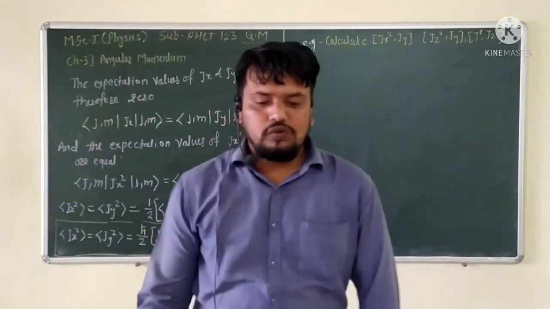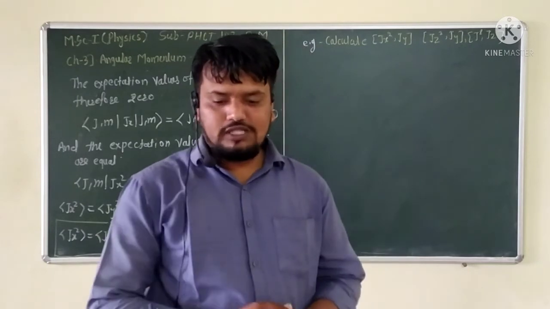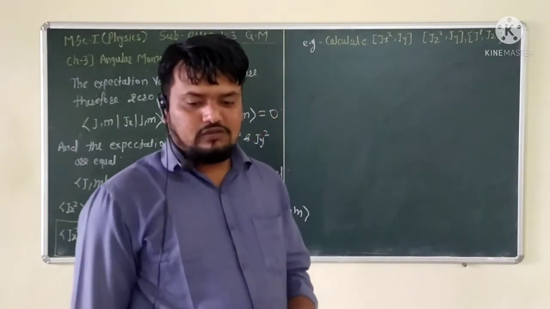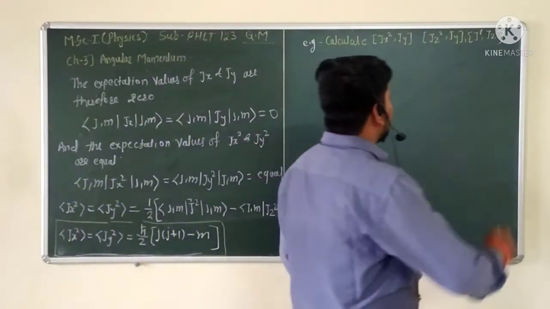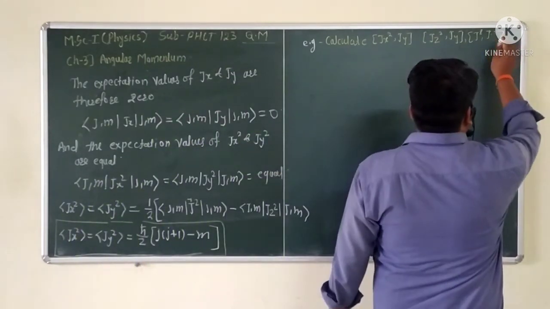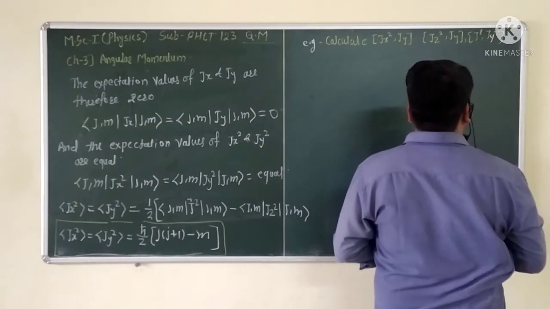So we want to solve these commutator bracket relations, then what equation is obtained here? This relation is nothing but the J square relation with respect to Jy.